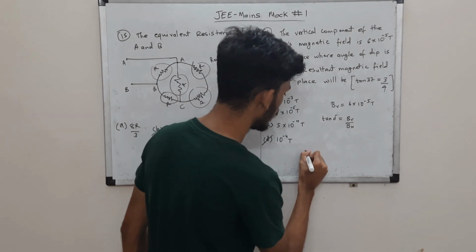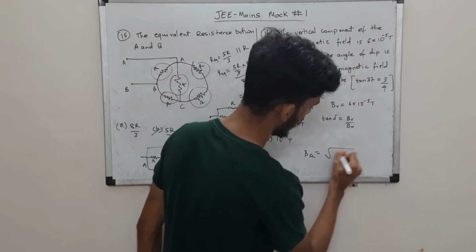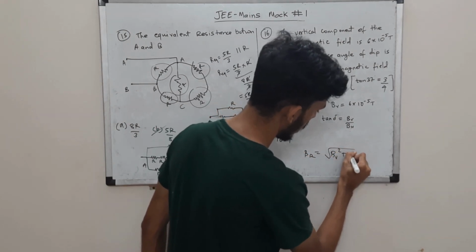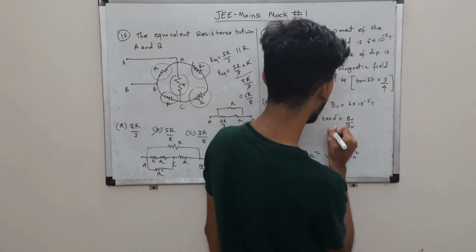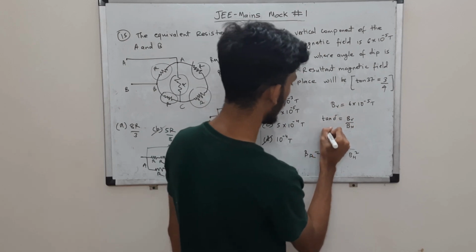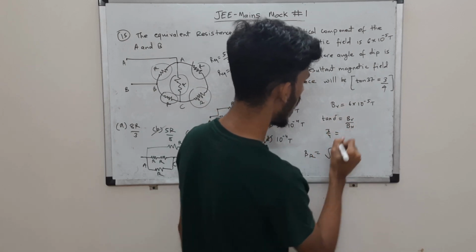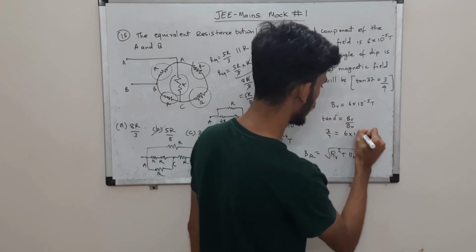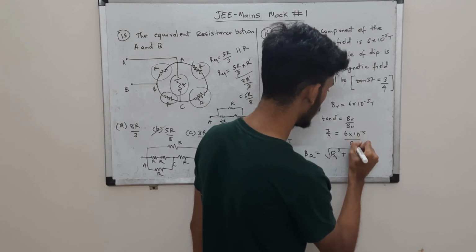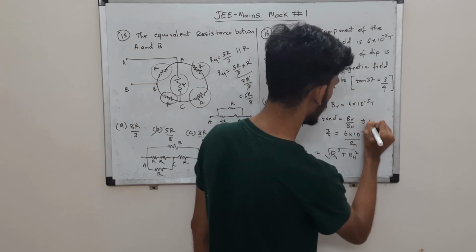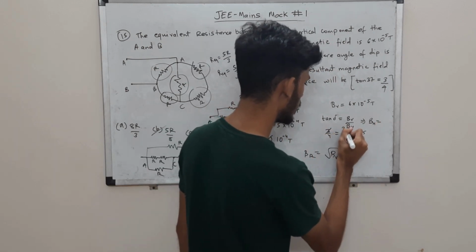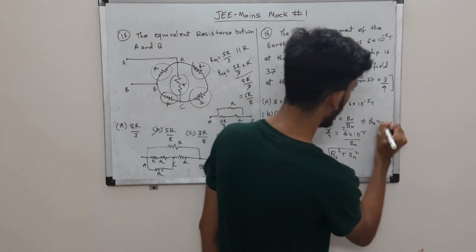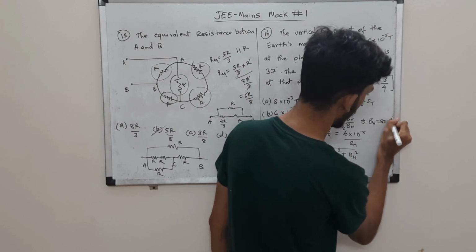The resultant field will be, by Pythagoras, the square root of BV square plus BH square. Tan 37 we can directly write as 3 by 4, and BV is 6 into 10 to the power minus 5, and BH you can find from here. So BH will be 8 into 10 to the power minus 5 Tesla.